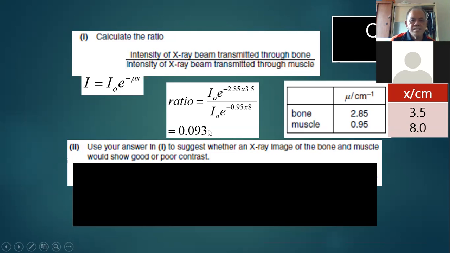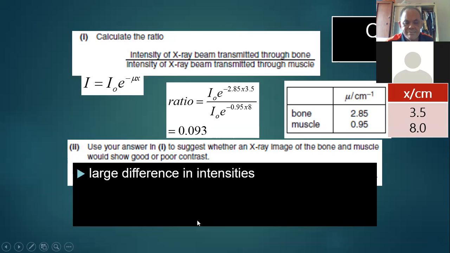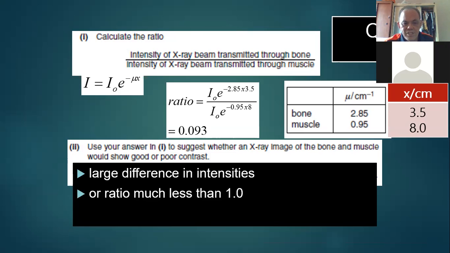Use your answer to suggest whether the X-ray image of the bone and muscle would show good or poor contrast. You can see that comparison. There is a wide difference there, one very large and one very small. So good contrast: a large difference in intensity, or a ratio less than 1.